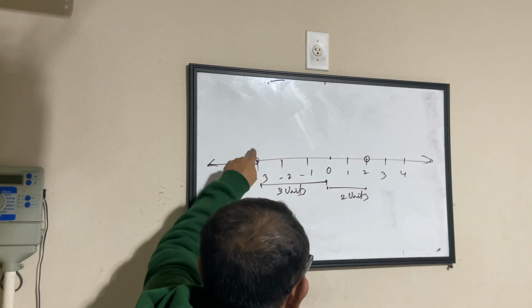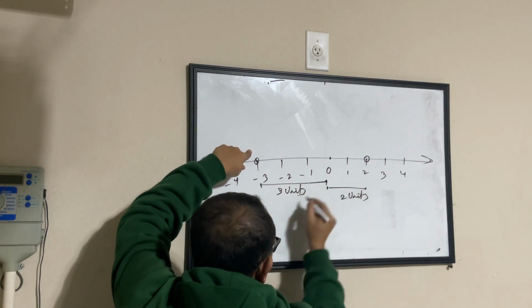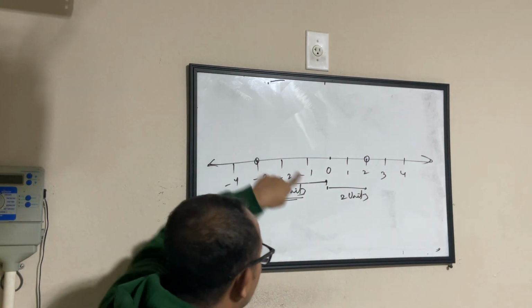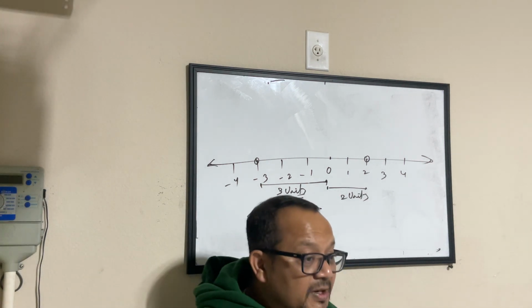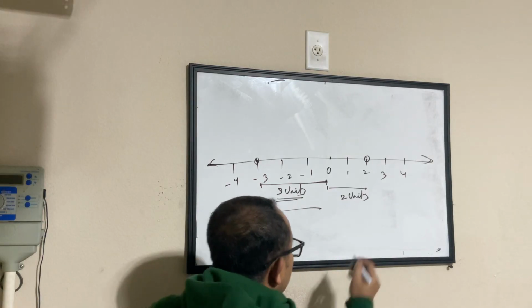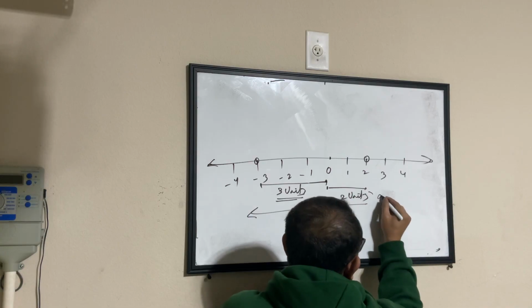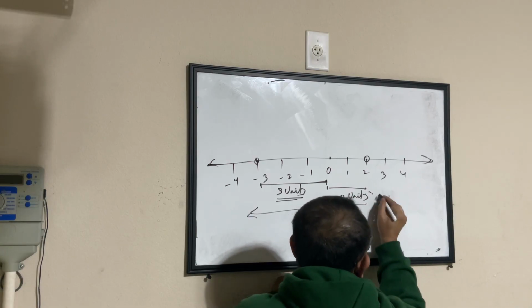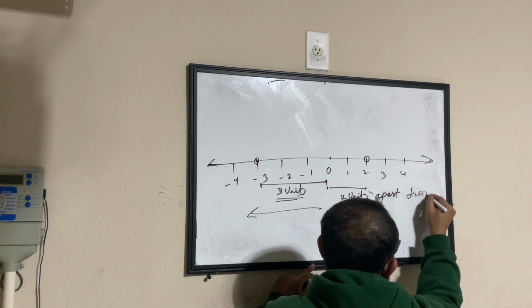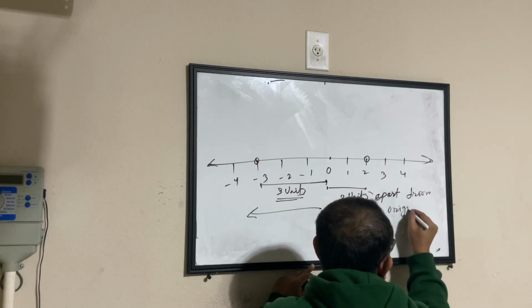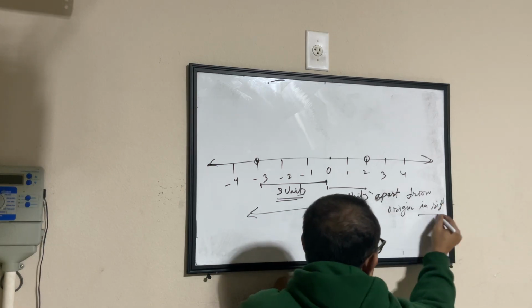Now, if I am talking about -3, I am talking about 3 units away from the origin, but in the negative side. Now, when you talk about absolute value, you have to look at, let me define this, 2 units away or apart from origin in the right direction, right side.